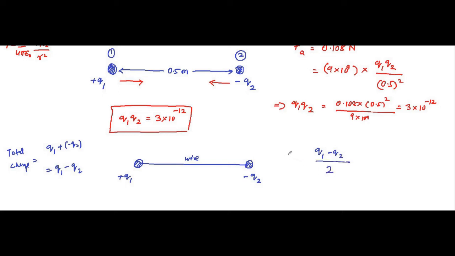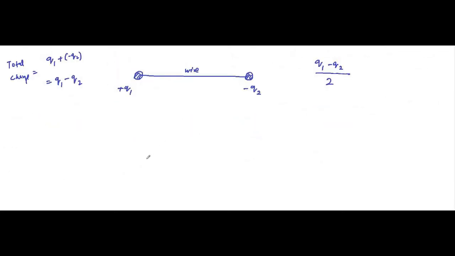Now when the wire is removed, each identical sphere is left with charge (Q1 minus Q2) by 2. The separation distance is the same, 0.5 meter.